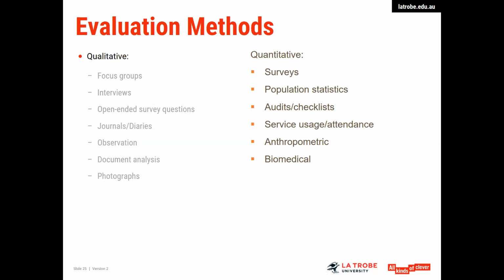So for example, maybe some of your health education interventions, particularly around things like physical activity and nutrition, then you may want to look at those anthropometric and biomedical measures. But again, it depends on what the purpose of your research is, and what your evaluation questions are.